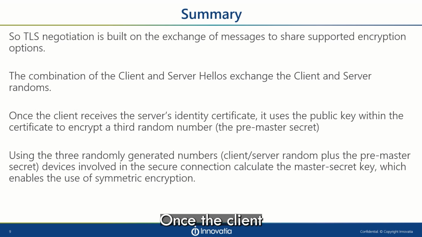Once the client in these connections receives the identity certificate for the server, it will use the public key within the certificate to encrypt a third random number, the pre-master secret. And then once both sides have the client random, the server random, and the pre-master secret, those three numbers are used together to generate a master secret key to enable symmetric encryption, and it will be used for the remainder of that particular connection.